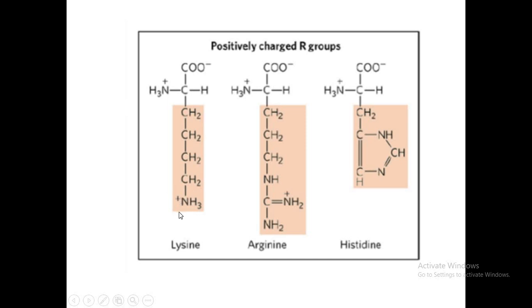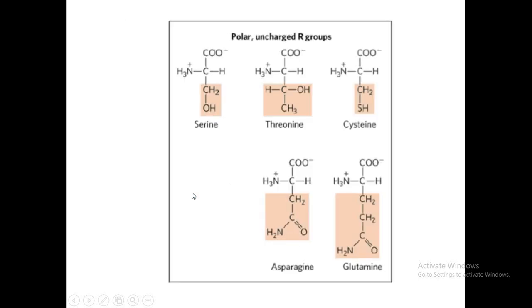So due to this positive charge, this amino acid is positively charged. Although polar uncharged amino acids have a positive charge on the amino group and a negative charge on the carboxylic group, we call them uncharged because this positive and negative charge cancel each other, so overall we have no charge on the amino acid.